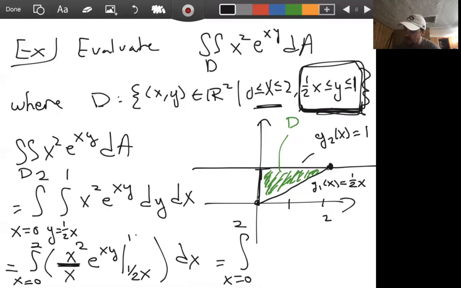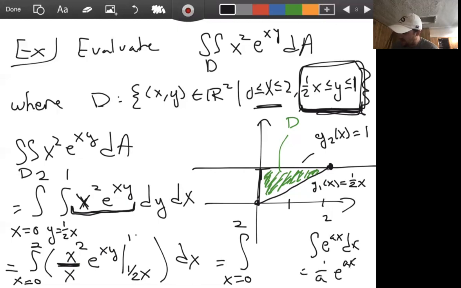It's because when we're taking the antiderivative with respect to y, everywhere you see an x, you treat x as a constant, right? And so if we treat x as a constant, well, then the x squared out front is just along for the ride. And then the x here multiplied in front of the y, well, you remember that the integral of e to the ax dx is equal to 1 over a e to the ax, plus c if it's indefinite, right?